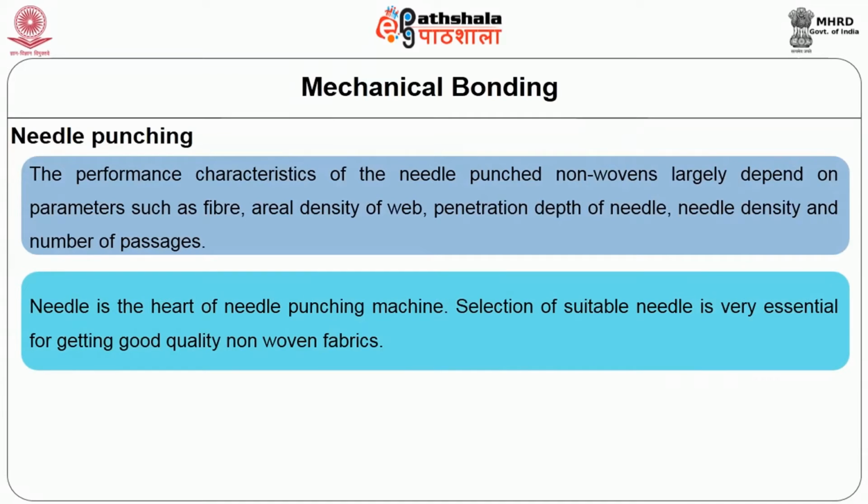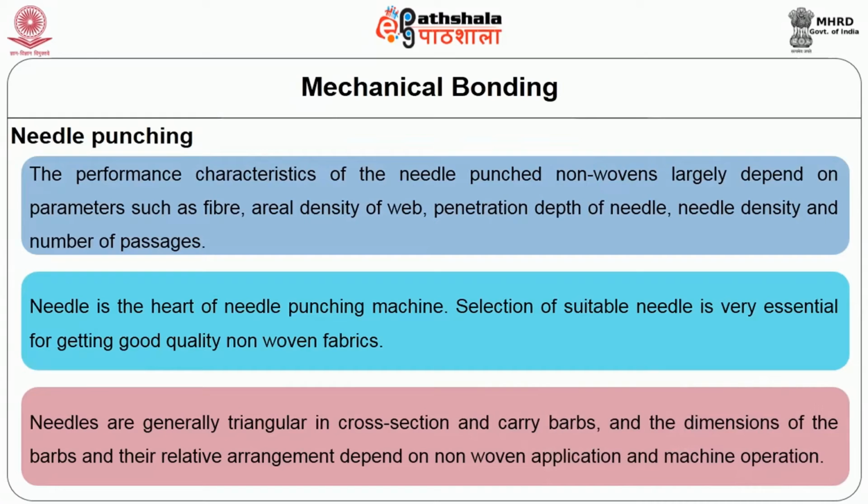Needle is the heart of the needle punching machine. Selection of a suitable needle is very essential for getting good quality non-woven fabrics. Needles are generally triangular in cross section and carry barbs, and the dimension of the barbs and their relative arrangement depend on non-woven application and machine operation.